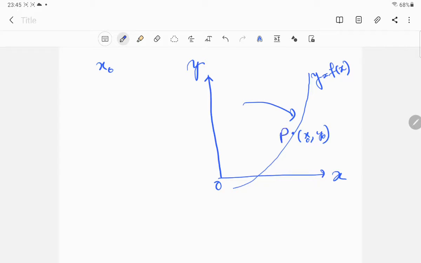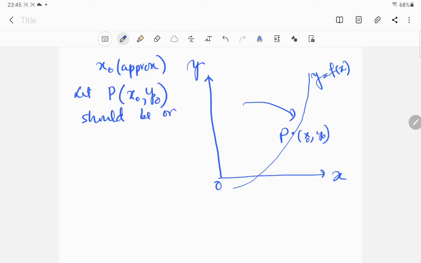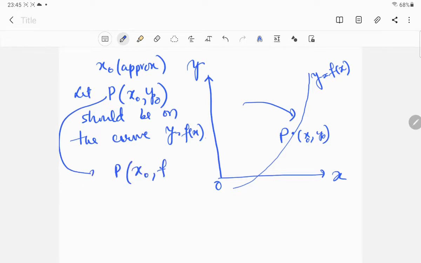Let this point be P(x naught, y naught), which should be on the curve y = f(x). Since y = f(x), we can also write it as (x naught, f(x naught)), simply x naught, f naught.